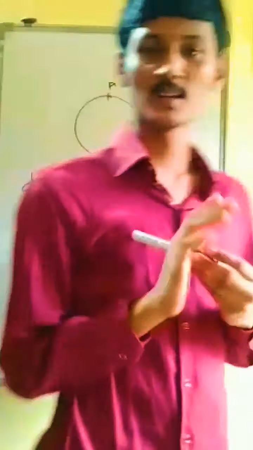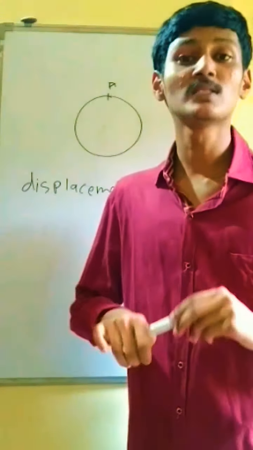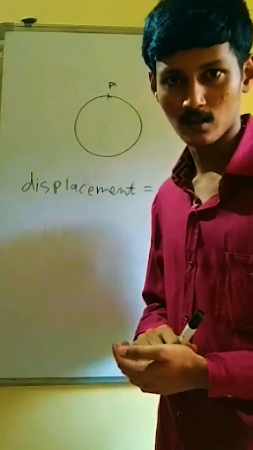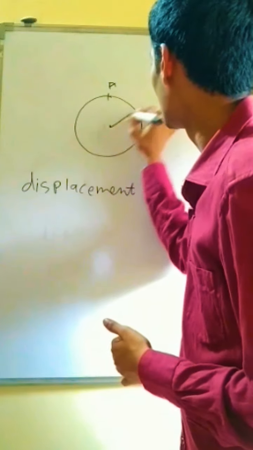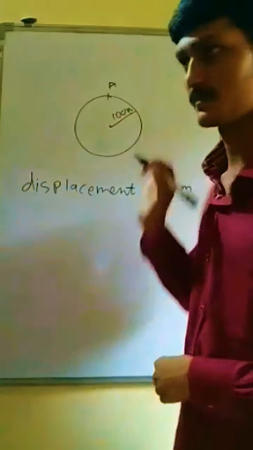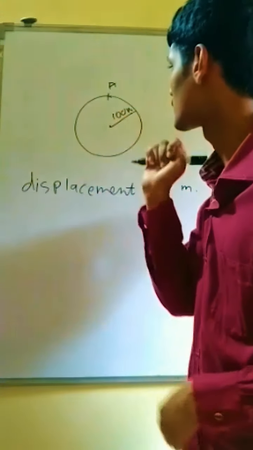Now we got the displacement. Now we need to find the distance. Some data is given to us. It is told that it is a circular path. This is the center point and the radius given is 100 meters. This is the given data. Using this we need to find the distance.